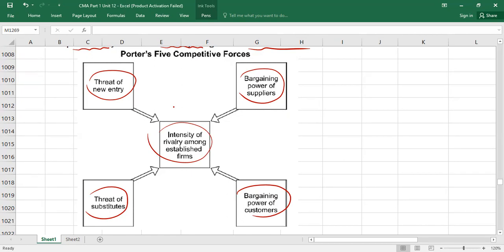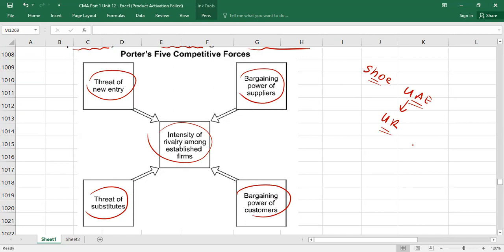Guys, let me start with the help of examples. For example, you are a shoe manufacturing business, and maybe currently you are operating in the UAE, let's assume, and now you want to enter into a new market, for example the UK market.